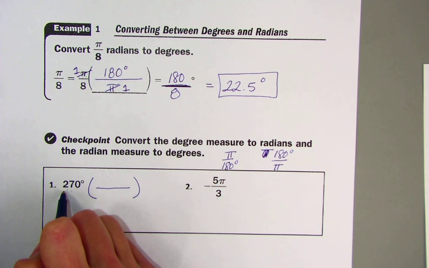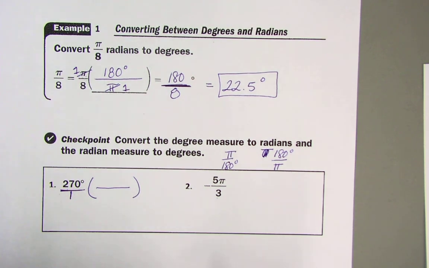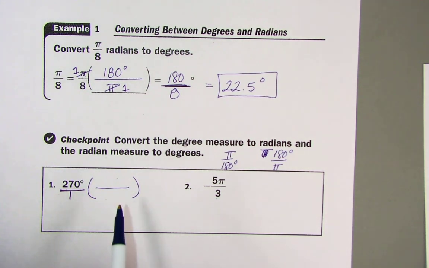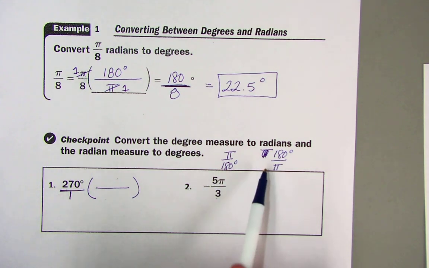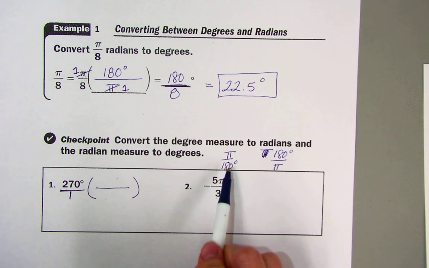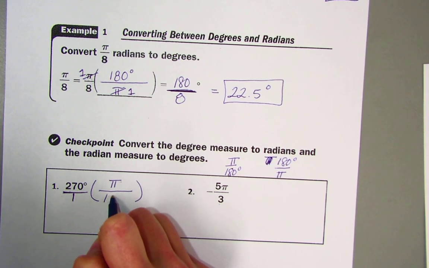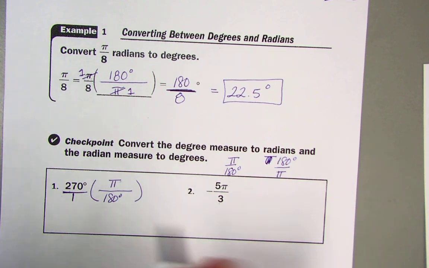So again, 270 degrees can be rewritten as a fraction over 1. And since I want to cancel my units on my diagonal, I'm going to pick the conversion that has the degree on the diagonal so that they cancel, which would be this conversion. So pi goes up top, 180 degrees goes on bottom.